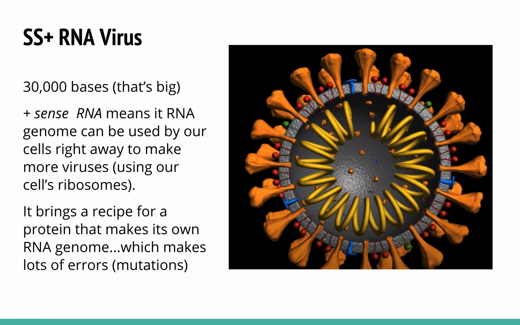Now, another thing I wanted to point out is the virus for COVID-19 is what we call an SS plus RNA virus. It's actually 30,000 bases long, which is unusually big for an RNA virus. It's called plus sense RNA.